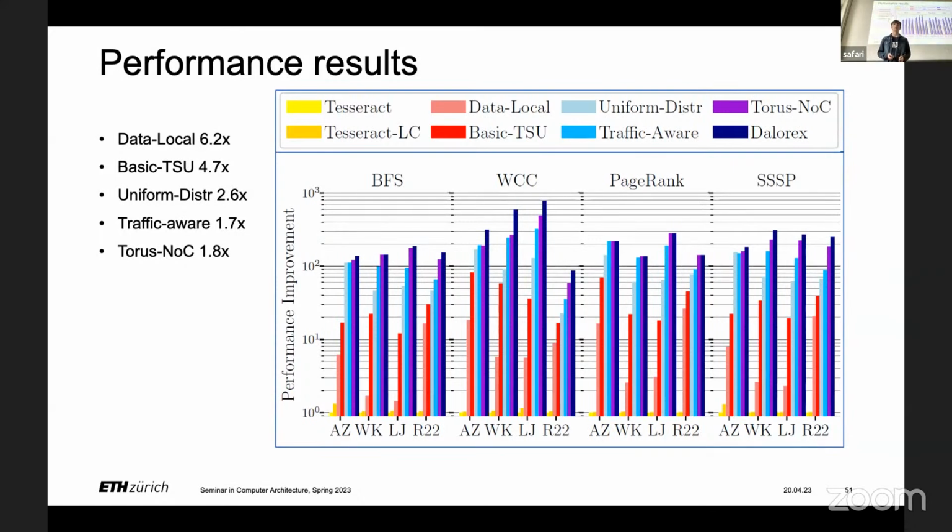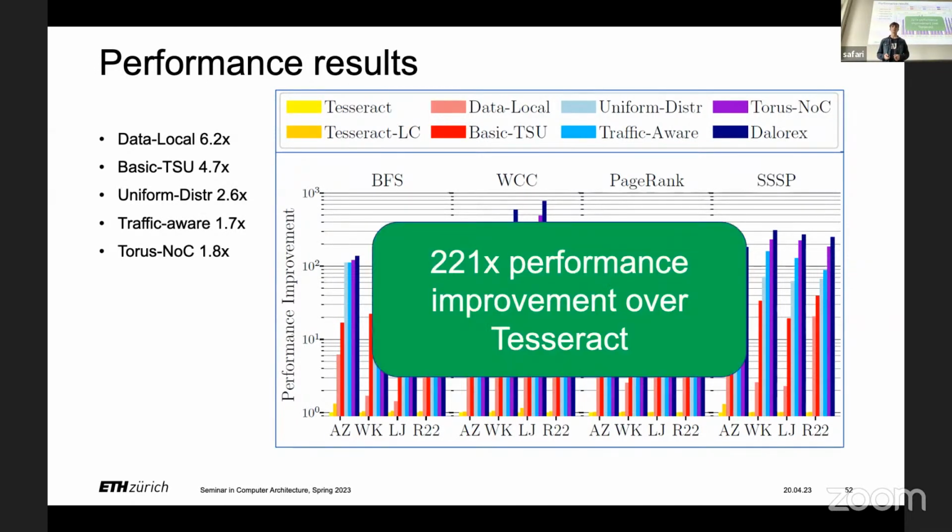And also the second best one is the use of a basic task scheduling unit. This is more going to highlight how the Tesseract processing memory approach does have some issues with the communications, because they are going to have some interruptions that will incur 50 cycle penalties, as I told you before. Overall, we do achieve 221 performance improvement over Tesseract.